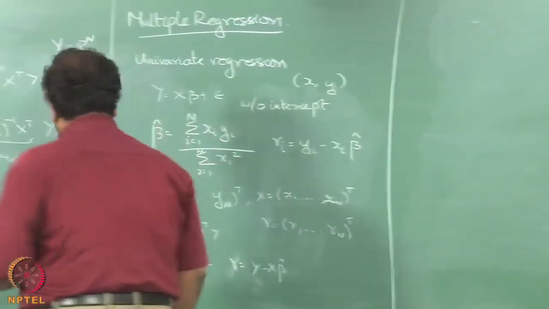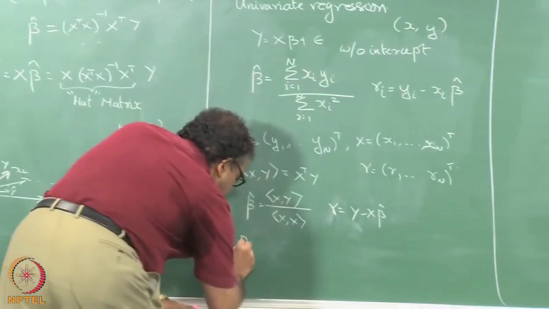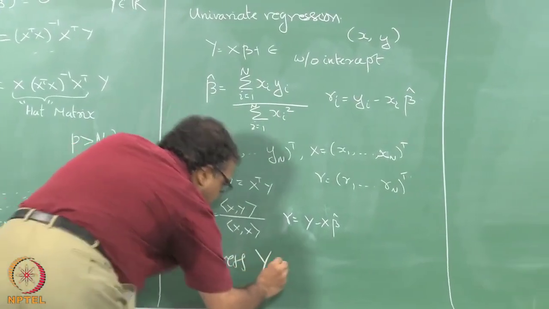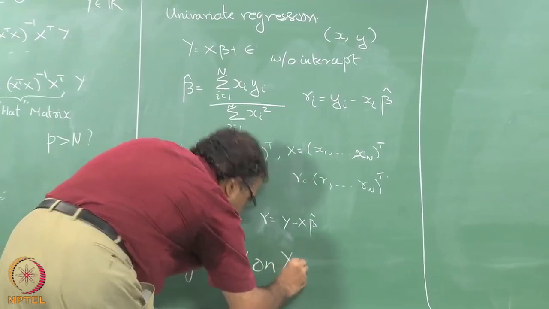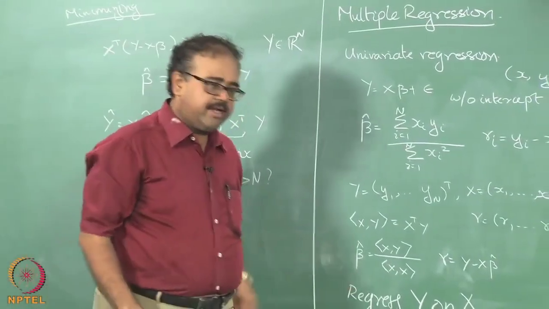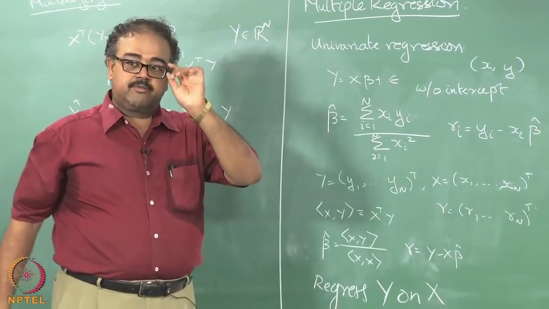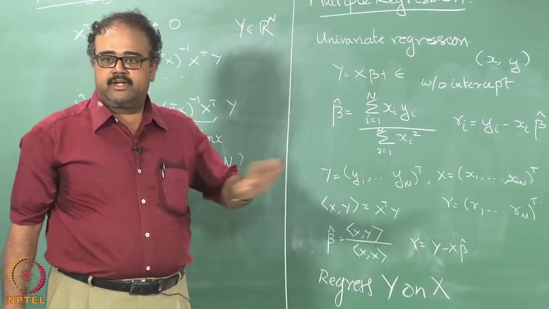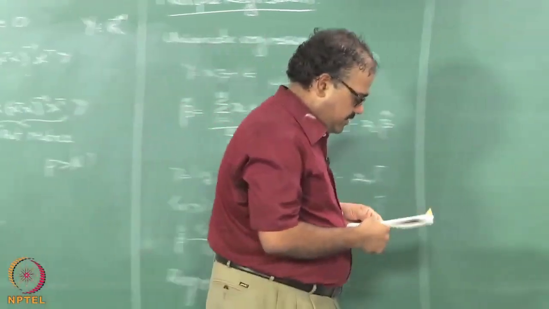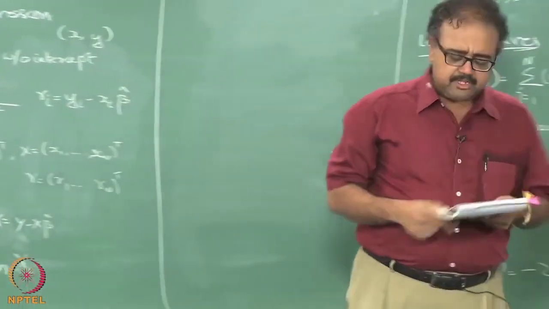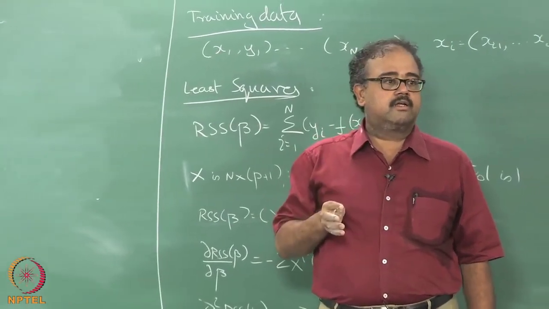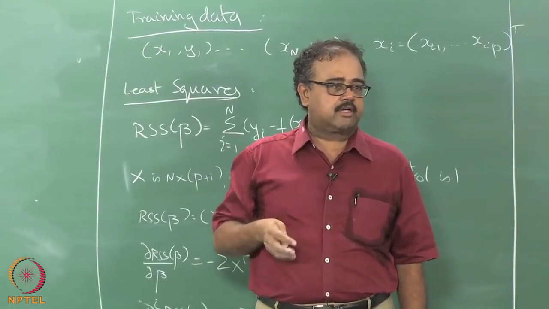So what we are doing here, we are regressing y on x, and we get the coefficient beta hat. Remember, what we are talking about so far is a univariate regression, no intercept, nothing. Suppose that your columns are all orthogonal, not only are they independent, they are all orthogonal.